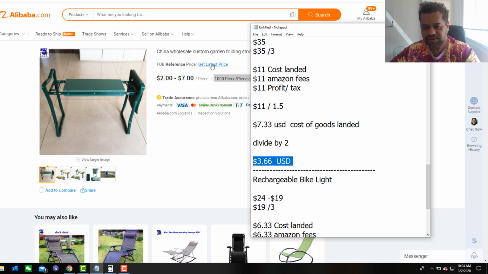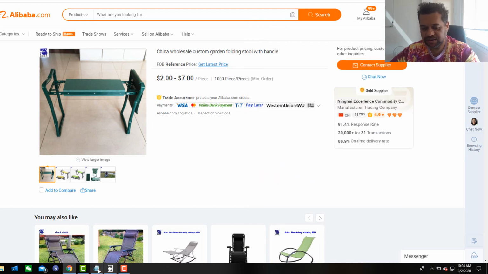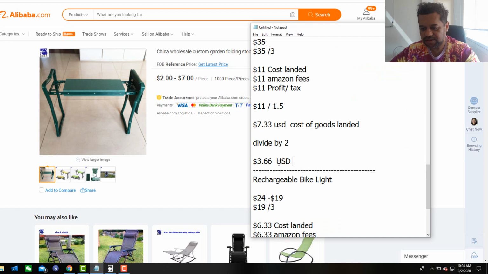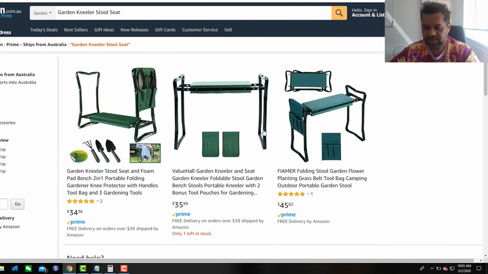Okay, so you'd have to do some more research on this, but I would say that this is probably not the best product, but I wanted to show you anyway to give you the real cost on this. Again, this is a bigger item as well, so you might have to ship it by sea. So again, not the best product, but at least it gives you an idea of what it really takes to get this product into Australia.